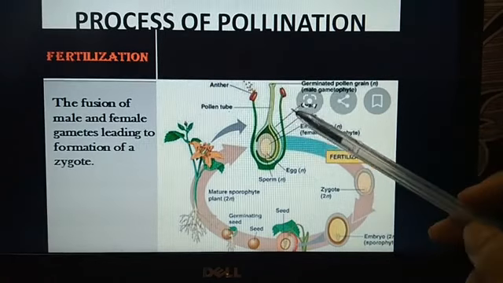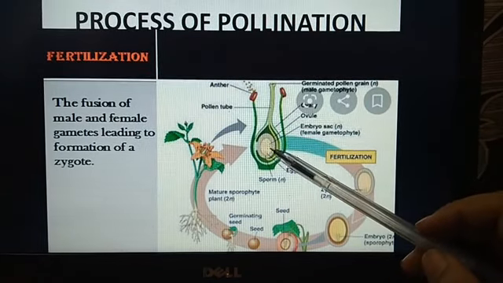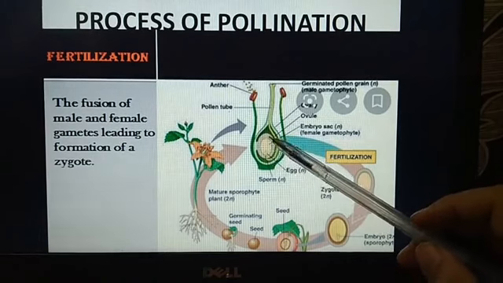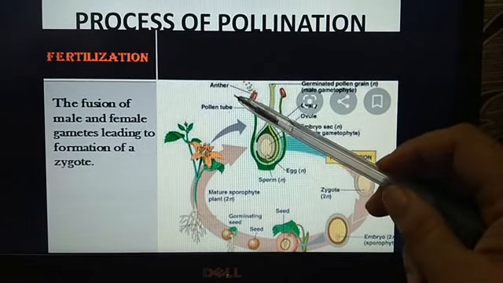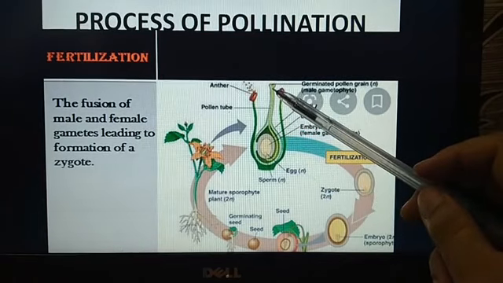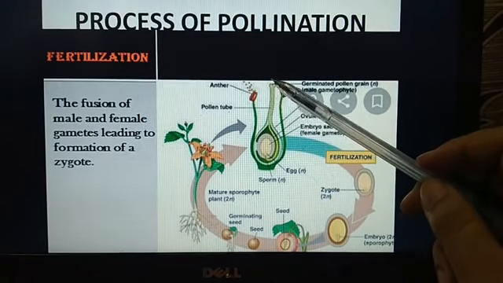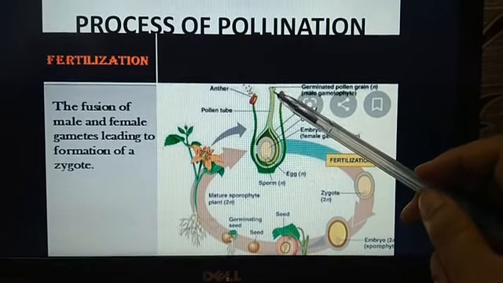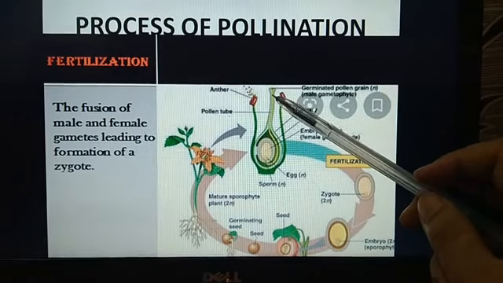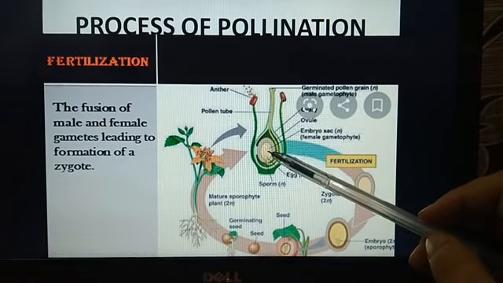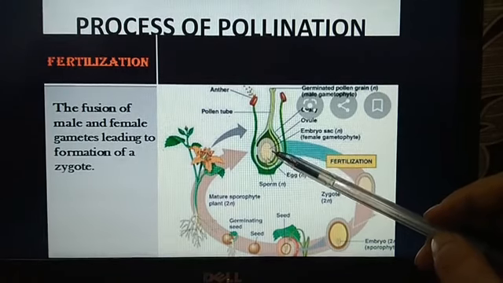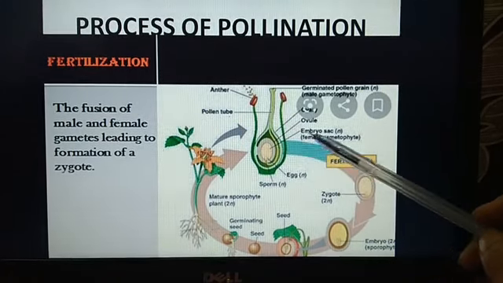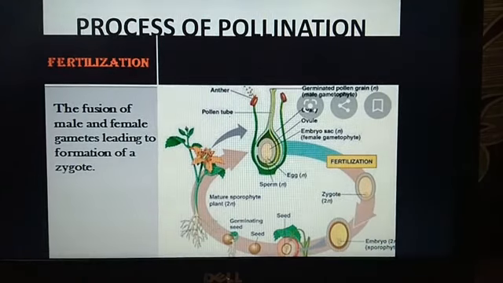The female gametes are present in the ovules contained in the ovary. To reach the ovules, the pollen grains fall on the stigma by the agents of pollination. In this way, the male and the female gametes come in contact with each other for reproduction and form a zygote.